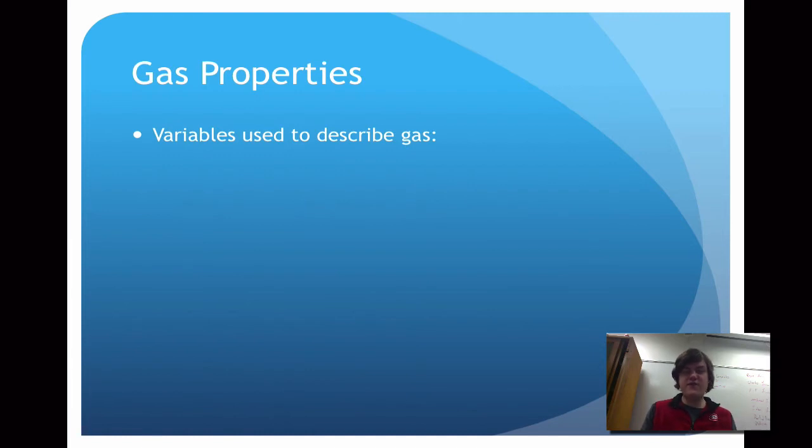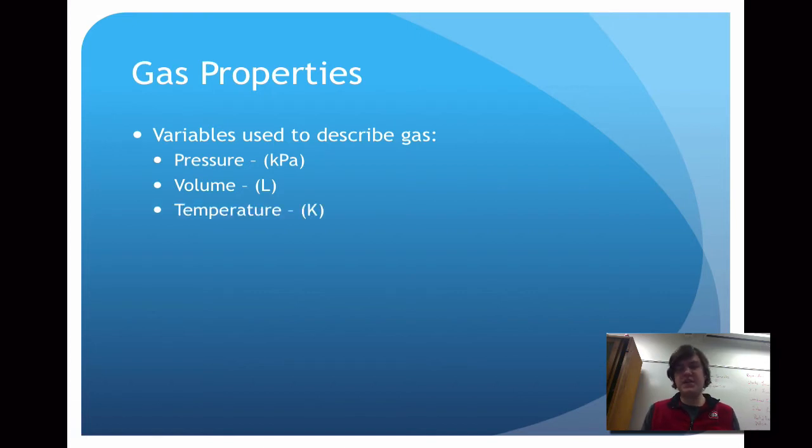There are four variables that we will use to describe gas, and you should be familiar with all four of them, though I will talk about each of them in a little bit of detail to make sure that we are all on the same page of understanding. Pressure is the first, and we measure that in the SI unit of kilopascal. Volume, we measure that in liters.